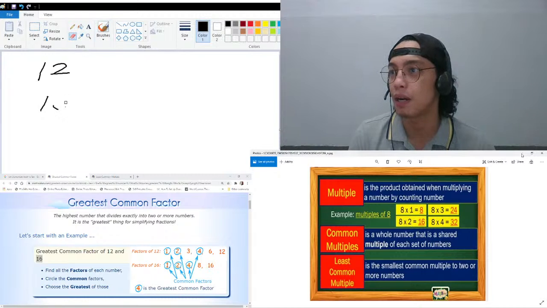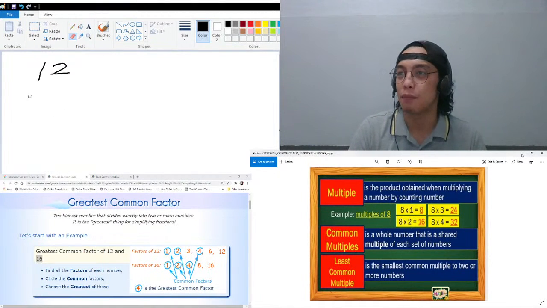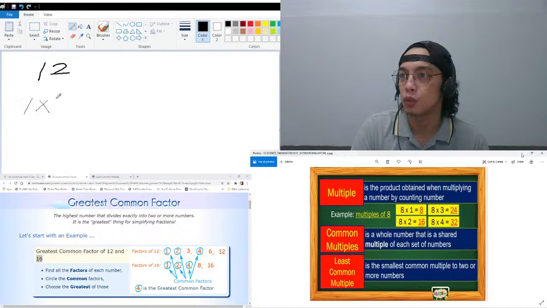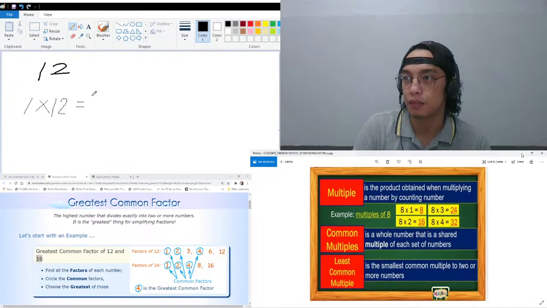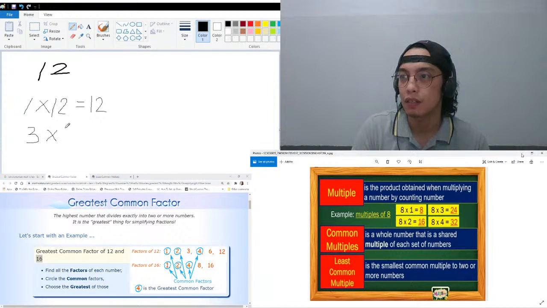Okay, unsa man ang mga duha ka numbers nga kung ato sa i-multiply mahimog 12. So for example, 1 times 12 equals 12. Kana. Sa paman, 3 og 4. 3 times 4 equals 12.